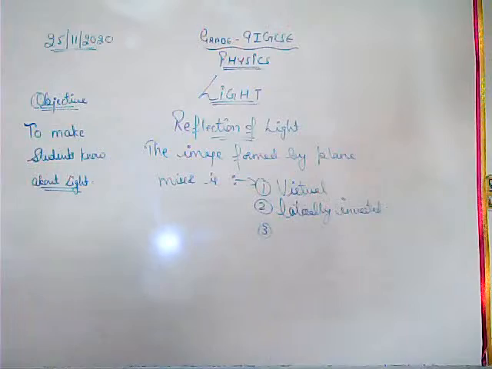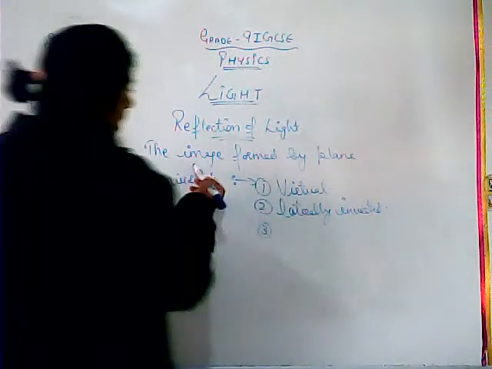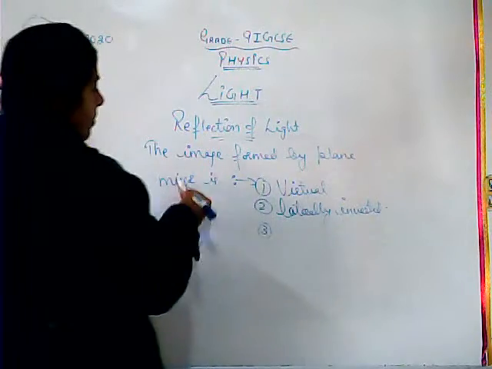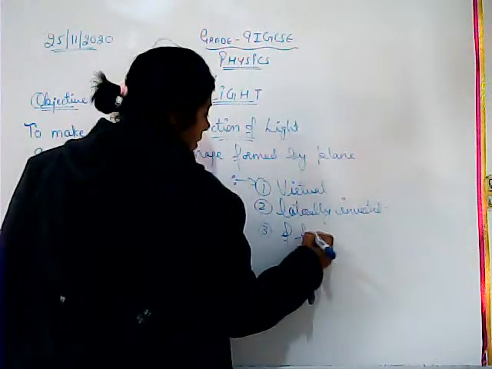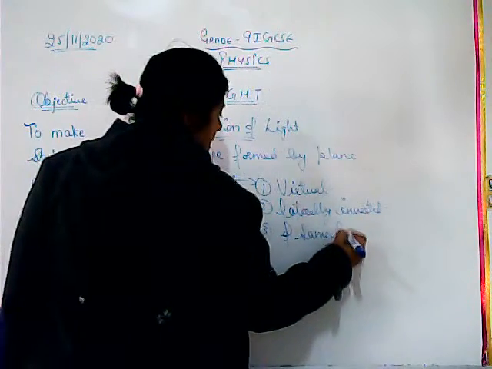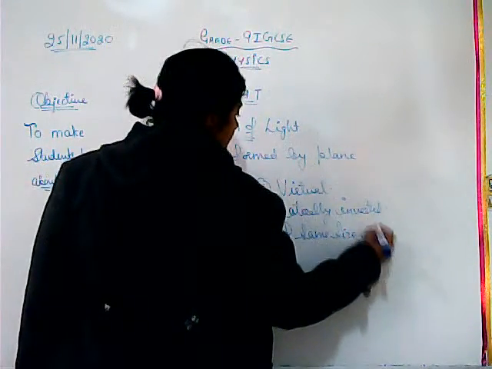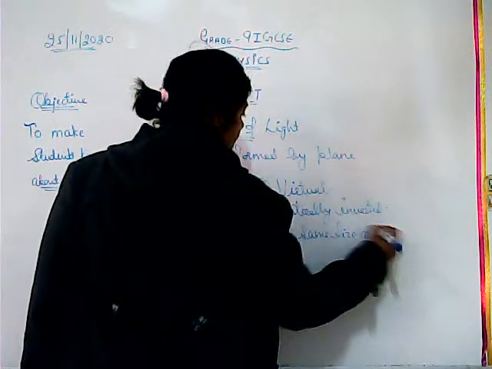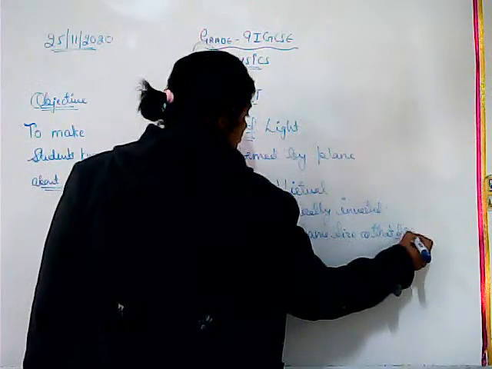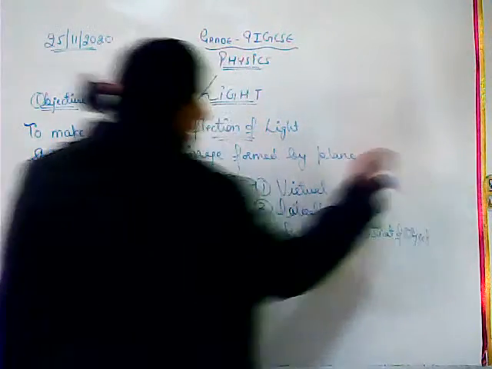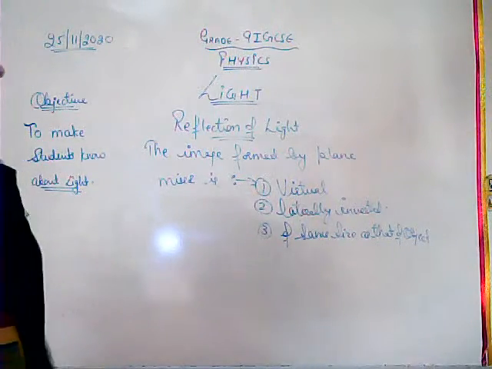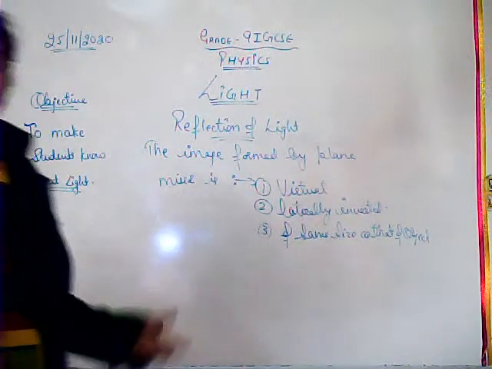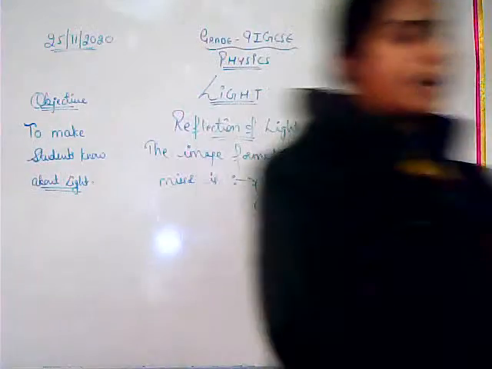Third one, the size of the object. The image formed by plane mirror is of same size as that of object. As that of object means whatever you have, like this same, take the example of this bottle.